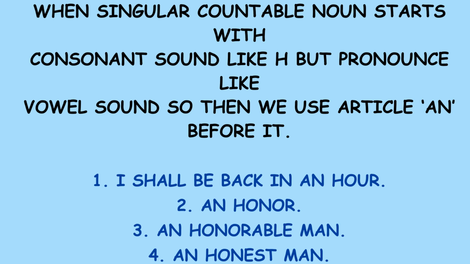So this noun starts with H, but the H is silent and we pronounce it as "our". That O is pronounced. Okay, an honor. We don't say "a honor", it's an honor. Again, H is silent. It is pronounced as O. An honorable man, an honest man.